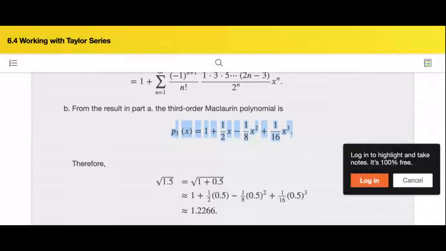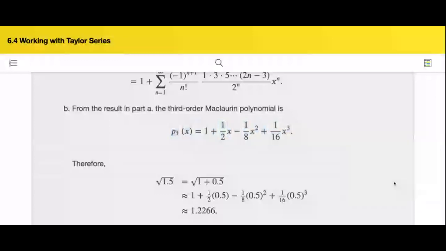We use a calculator to approximate, and that's about 1.2266. Okay, anyone have any questions? So that's how we use it in life.